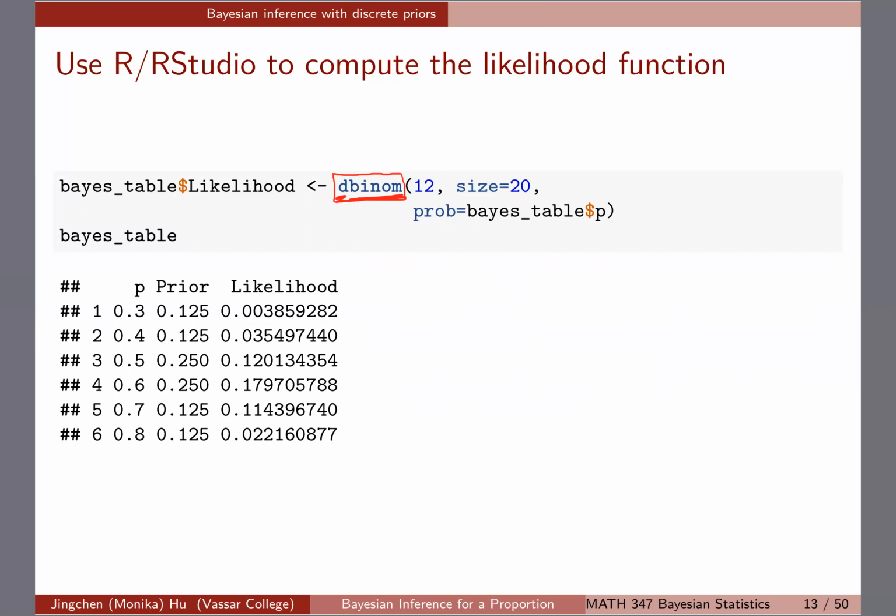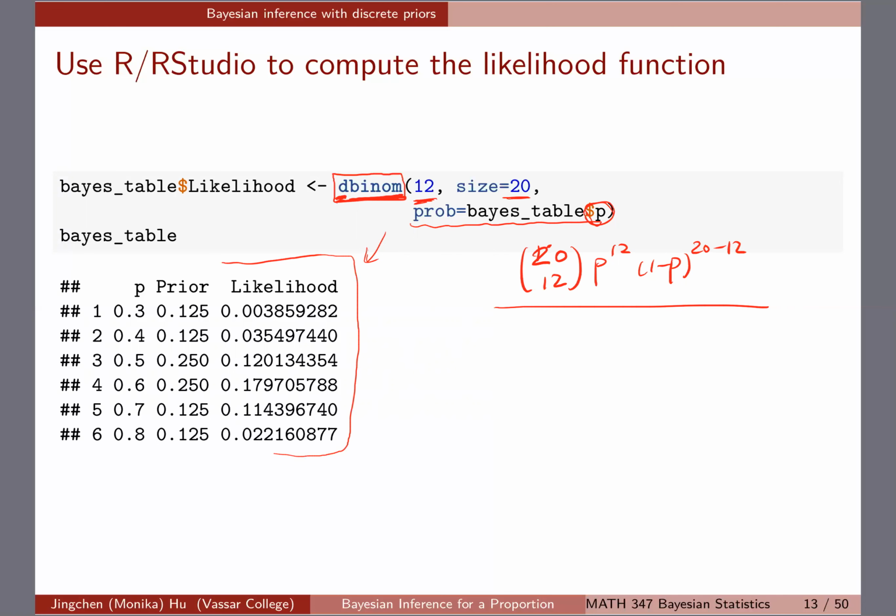This computes the density function, which is 20 choose 12, times p to the power of 12, times 1 minus p to the power of 20 minus 12. So dbinom computes that for you. You just need to supply k or y, n, and the actual probability values that you want. Once you do that, you can create one column here that specifies the likelihood value for each of the p values here.